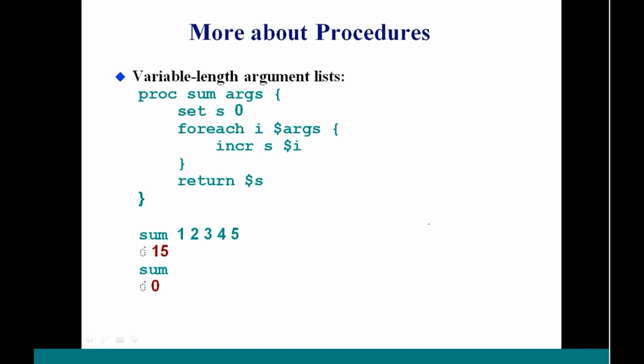Hi. One thing I want to emphasize that we talked about on the previous slide is the variable length argument list. When you want to supply an argument list with a variable number of arguments, we can use the standard args keyword.